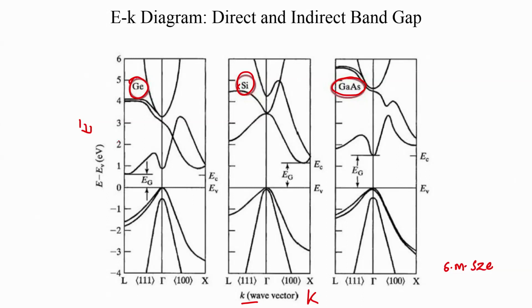In these plots, what you see are the E-k diagrams considering the entire 3D crystalline material. You find that depending on the different planes and the different directions, you have this range of curves which constitute the energy-k diagram.